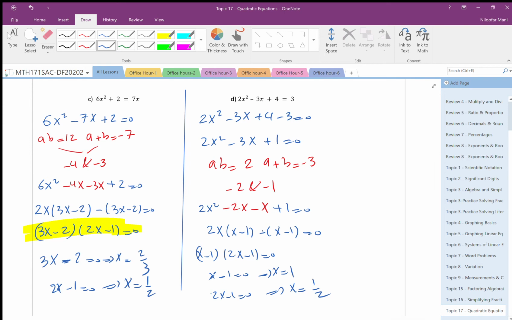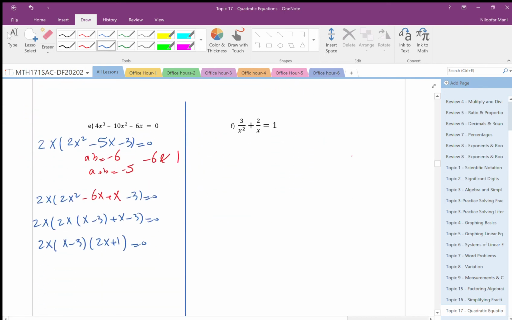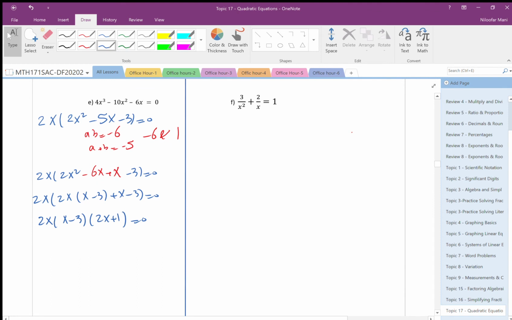So remember, I'm doing it by factoring. How about here? Again I am factoring, but at the beginning you notice, oh, I have x to the power 3. So what should I do here? Here I have x in common, so I can factor that out and then continue. Here I have three terms, so three brackets, I would say.